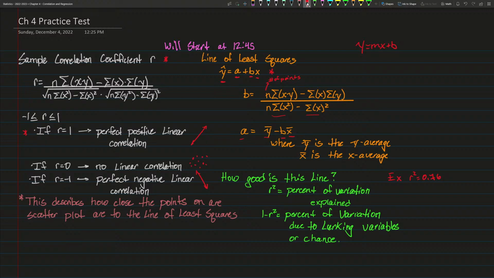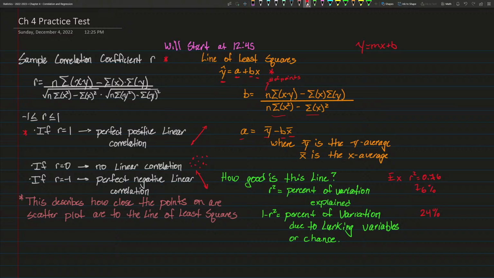That also means that 0.24, so 24%, is unexplained, and 76% explained. Okay, and that's kind of the main point of this entire chapter, and that's what I'm going to be testing you on.